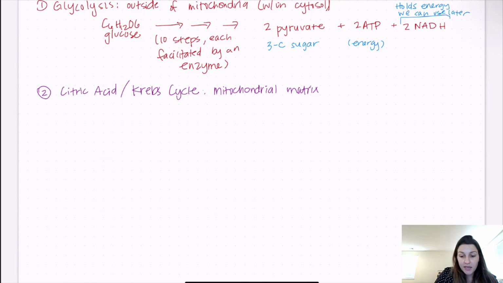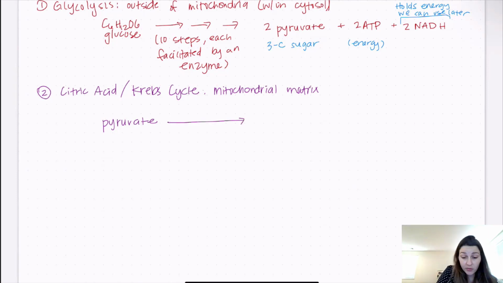And we take these pyruvates, and we do stuff with them. So let's talk about this. We take that pyruvate molecule, a 3-carbon sugar, and then there's a bunch of steps.